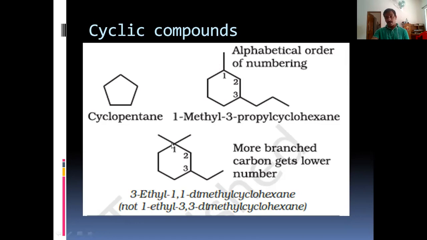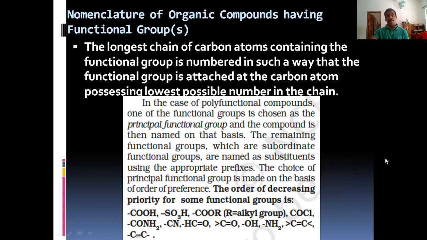Because in this carbon atom 2 substituents are present. So when we apply the lowest sum rule, it should get the minimum number. So we have to give 1 here, 2, 3. So what is the name? 3-ethyl 1,1-dimethyl cyclohexane.